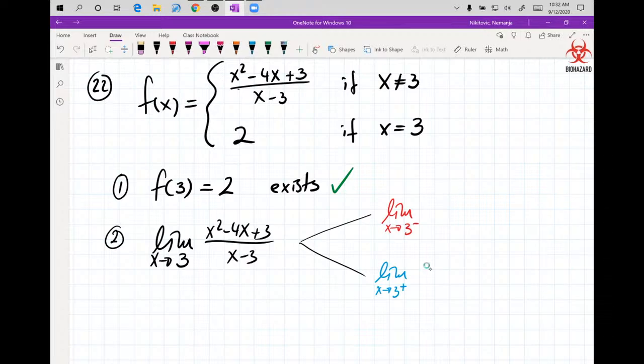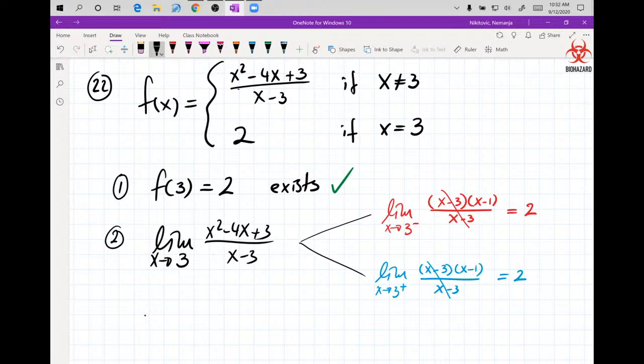So let's solve these two limits. We have to factor, right? So we get x minus 3, x minus 1 over x minus 3. These guys cancel, and when I put in 3, I get 2. Same calculation happens here from the approach on the other side, which we still have to check, and we get 2.